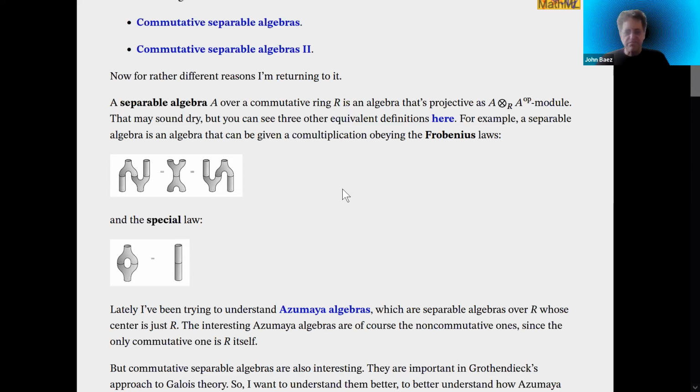So that's maybe good for some things, but it's really bad for some other things. So it's also very useful to just think of it as a property, that it can be given this, and not as a structure. And then you get more morphisms between separable algebras. And that's actually really important in what I'm going to talk about.